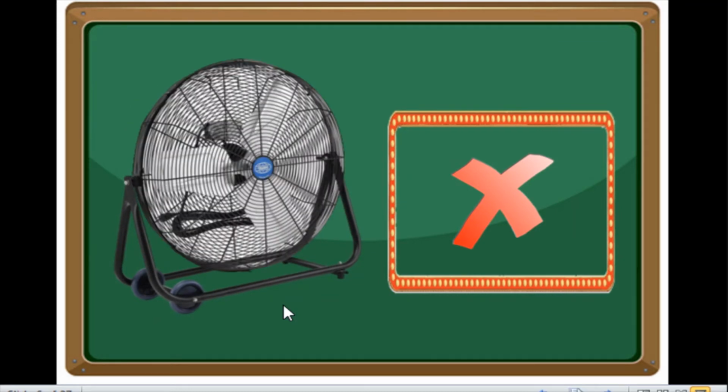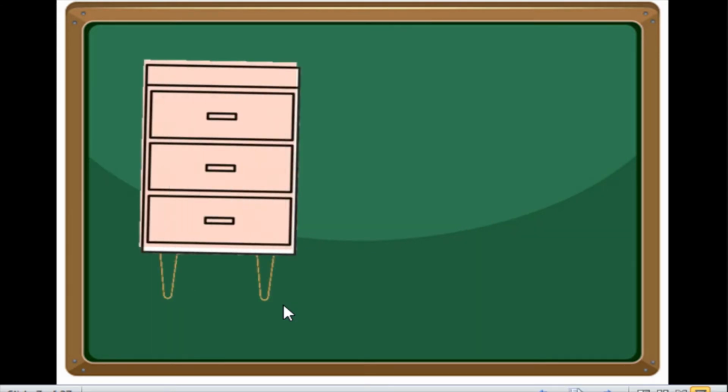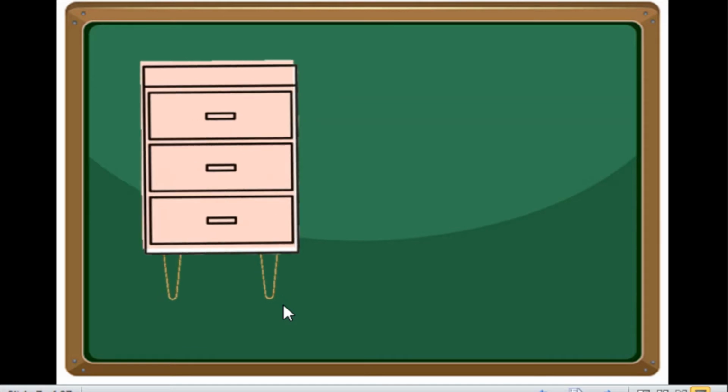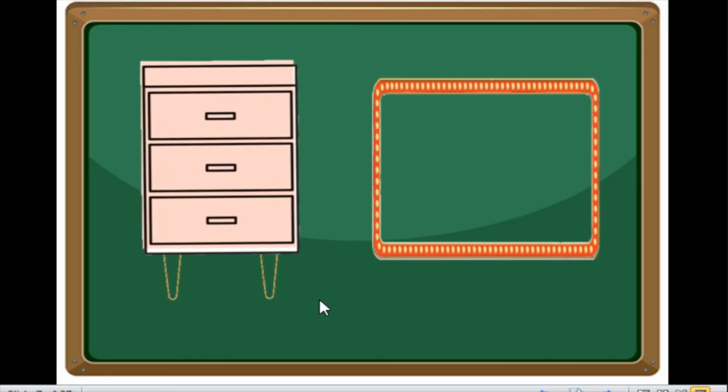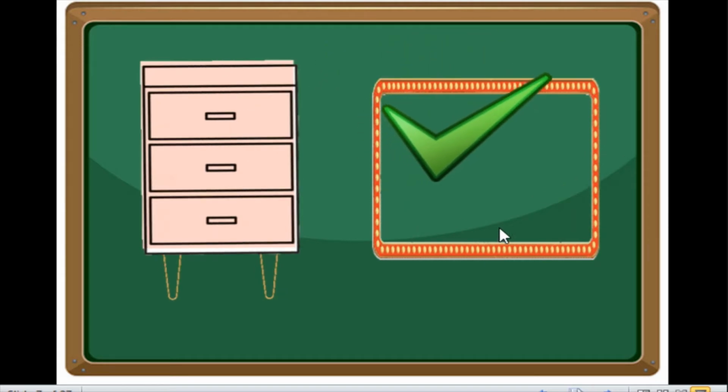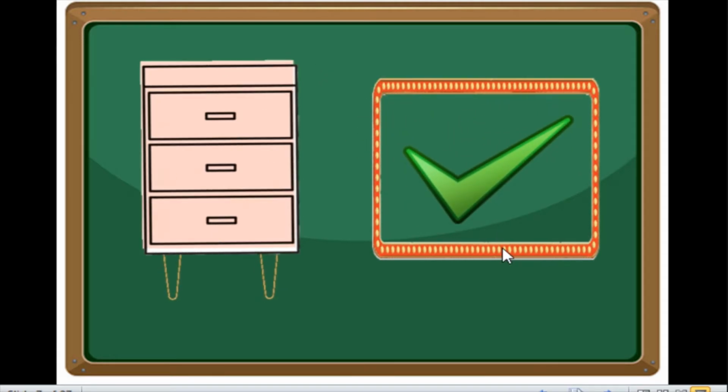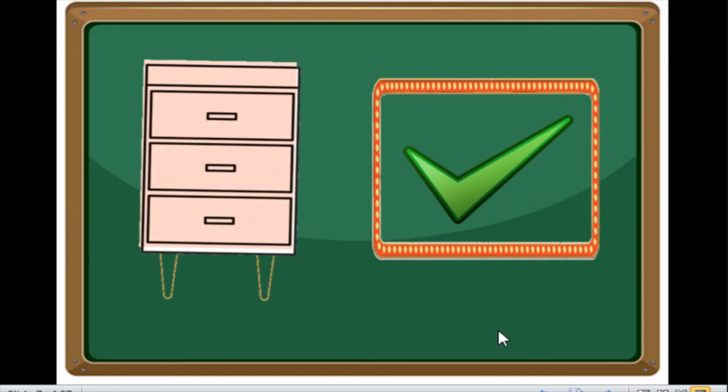How about the next object, a cabinet? Is a cabinet an equiangular quadrilateral? Alright, very good. It is an equiangular quadrilateral.